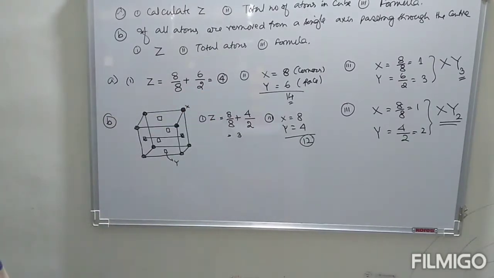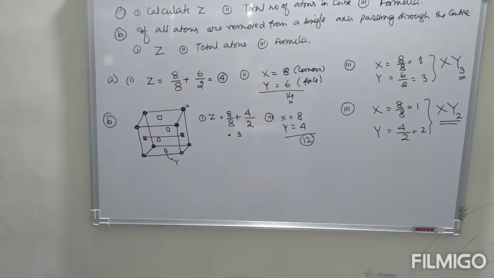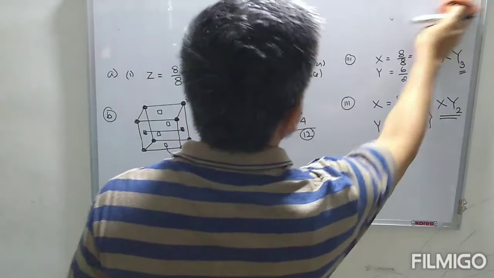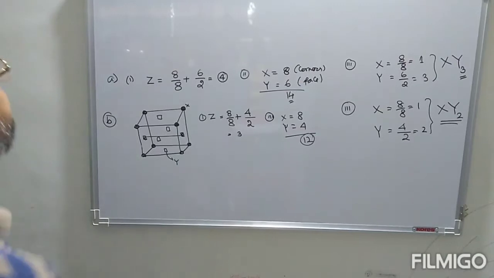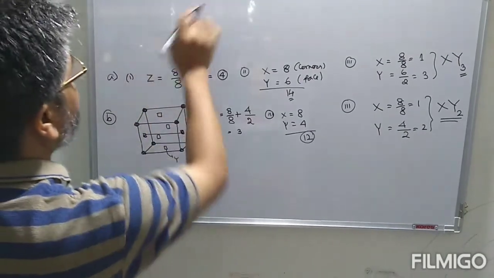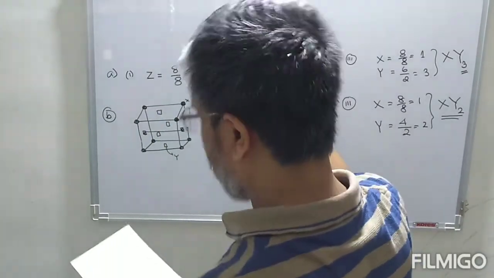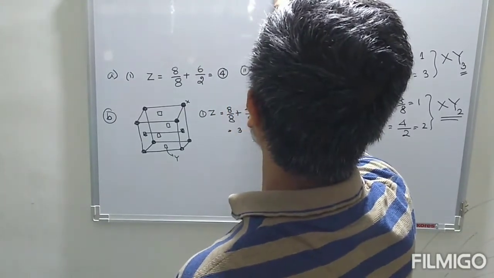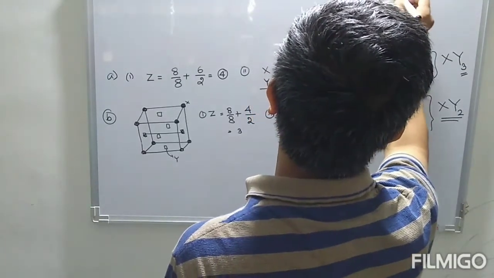To make it clear, let me take some more examples here. Now again, we have a compound. A compound is made up of X and Y in a cubic unit cell such that X occupies the corners and there are two Y atoms at each body diagonal.